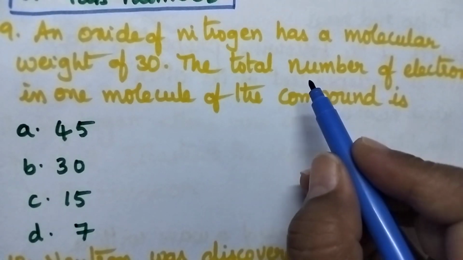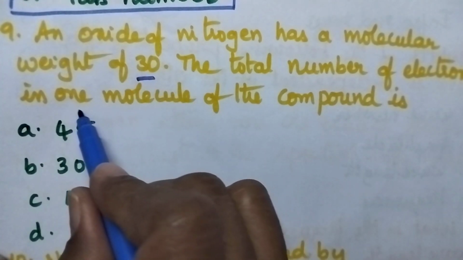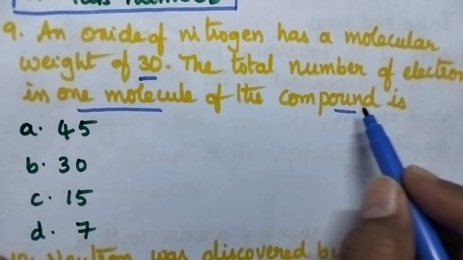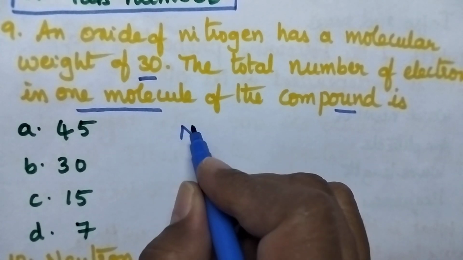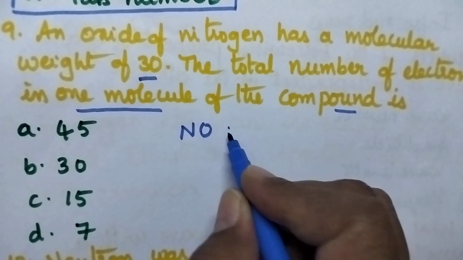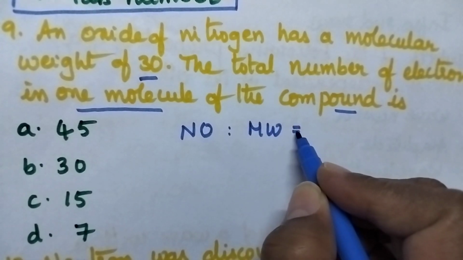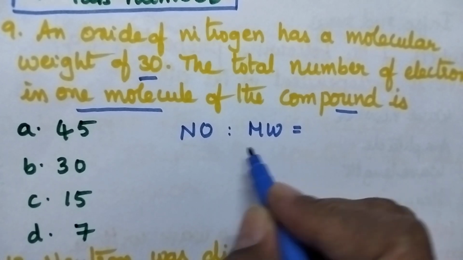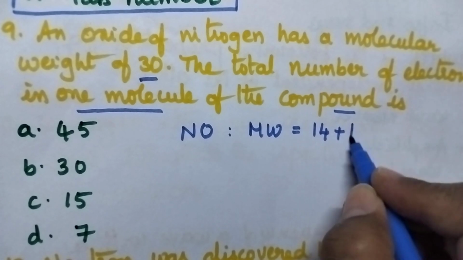An oxide of nitrogen has a molecular weight of 30. The total number of electrons present in one molecule of the compound. So we have to consider the oxides of nitrogen. Let us start with NO. Here let us calculate the molecular weight. The molecular weight is obtained by adding the atomic weights. The atomic weight of nitrogen is 14 and that of oxygen is 16.